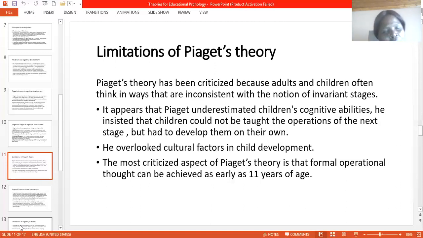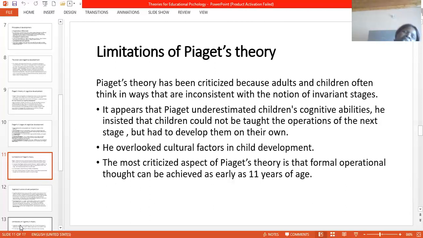He doesn't talk about the family, he doesn't talk about the friends around the child, he only talks about the stages. He's concerned with the stages. So that is why he is criticized as having overlooked cultural factors, whereas there are other things that can affect a child's development.